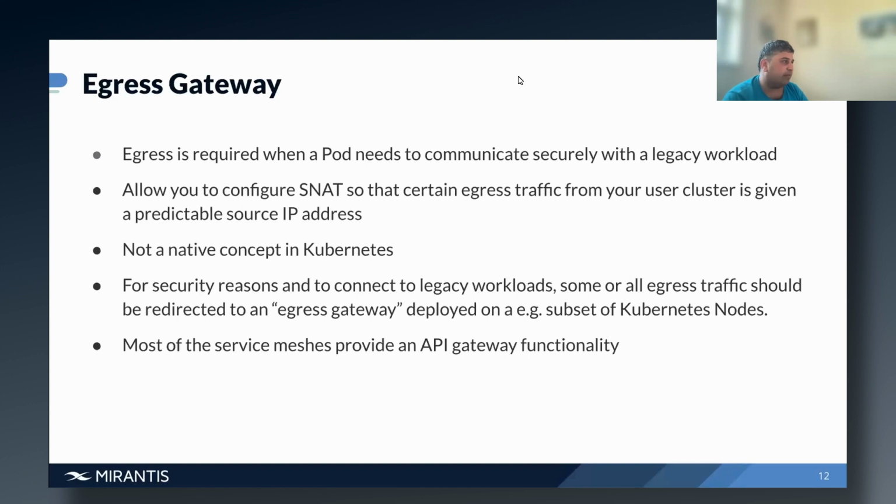There are a number of security reasons you need to keep in mind to connect to legacy workloads, and egress gateways really help you manage that. The redirection is done through the gateway, and that redirection could be to a subset of Kubernetes nodes, Kubernetes pods, for example, or external nodes.